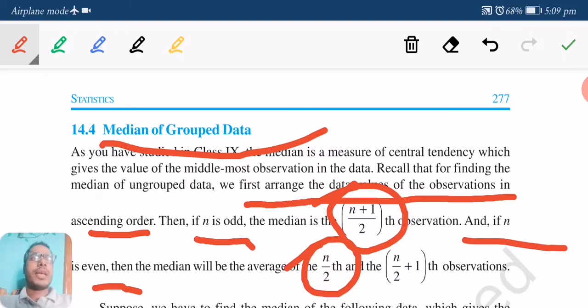And we have taken the average of these two. Similarly, let's go with some examples to understand this better.